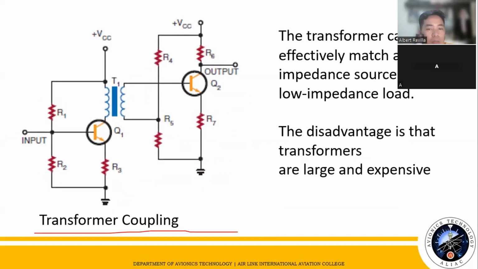So we have a transformer coupling. So transformer can effectively match a high impedance source to a low impedance load. So the disadvantage is that transformers are large and expensive. Here. So in the transformer coupled circuit, the two amplifier stages are coupled through the transformer.